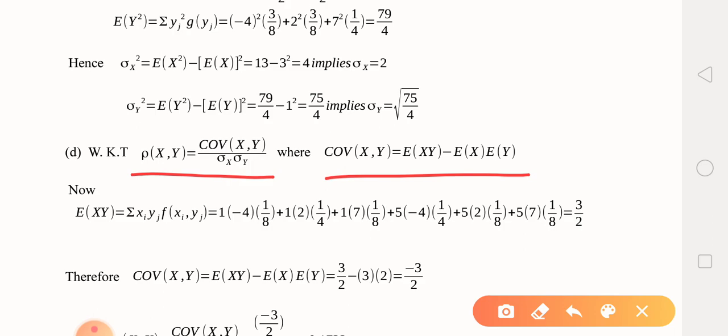Expectation of x and expectation of y we have calculated in the second sub question. Now we have to calculate expectation of xy. The formula is summation xi yj f of xi comma yj. So in order to calculate expectation of xy, we have to look at the joint probability table.